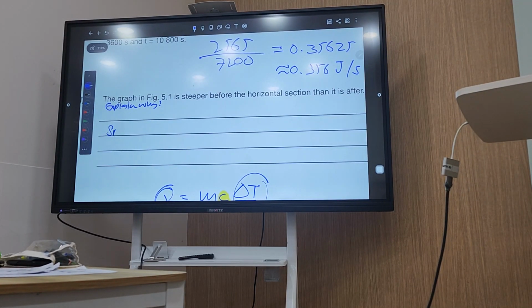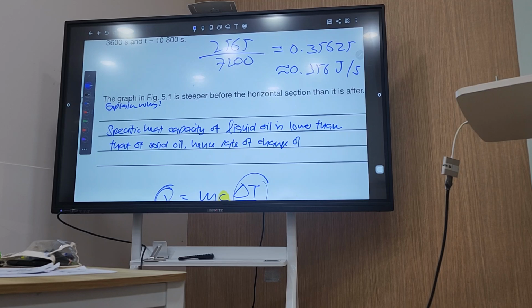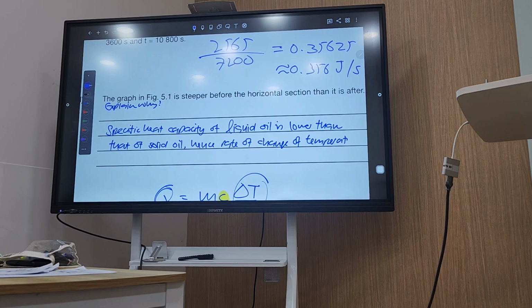We will say that the specific heat capacity of liquid oil is lower than the specific heat capacity of solid oil. Hence, the rate of change of temperature is greater. Finish.